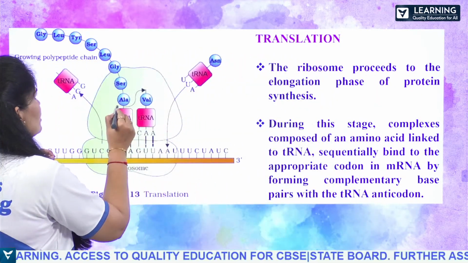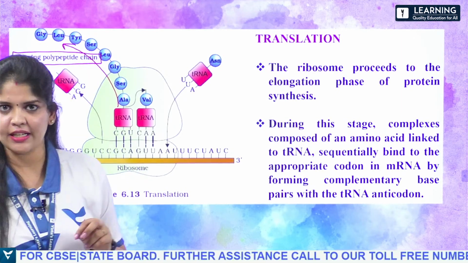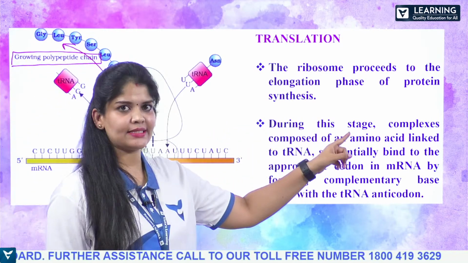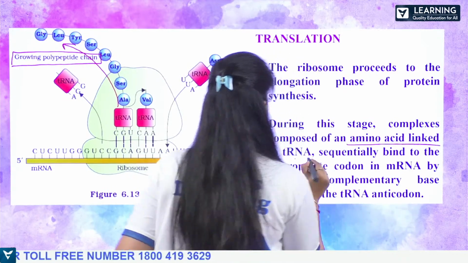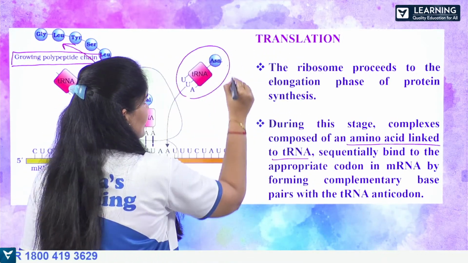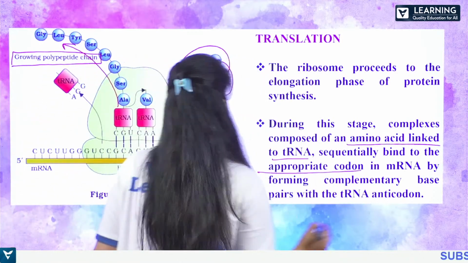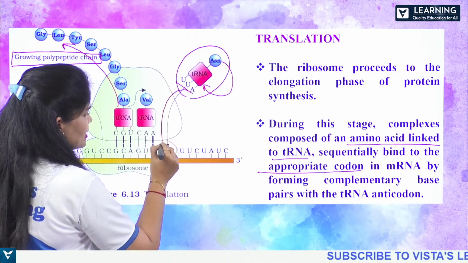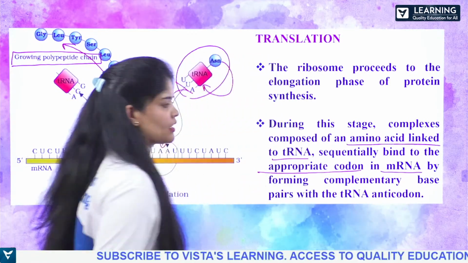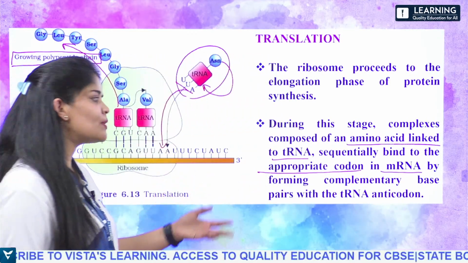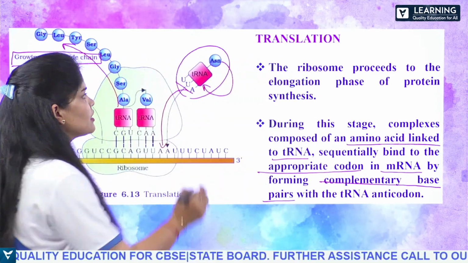See, now this is the growing polypeptide chain. Look here, during this stage, complexes composed of amino acid linked to tRNA subsequently bind to the appropriate codon which is present on mRNA, as there is complementary base pairing with the anticodons that are present on tRNA.